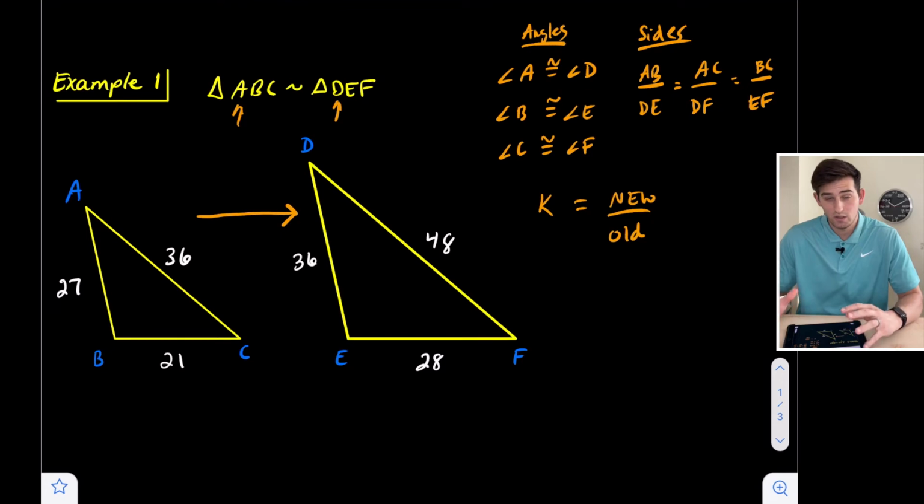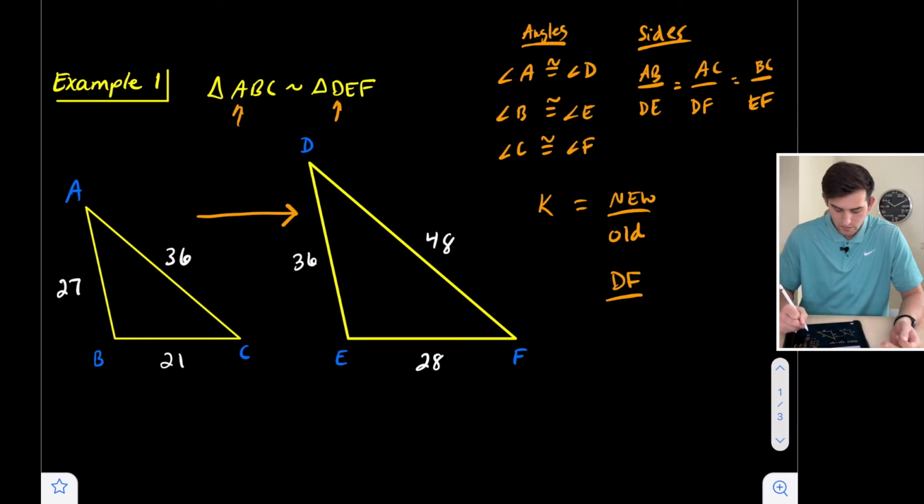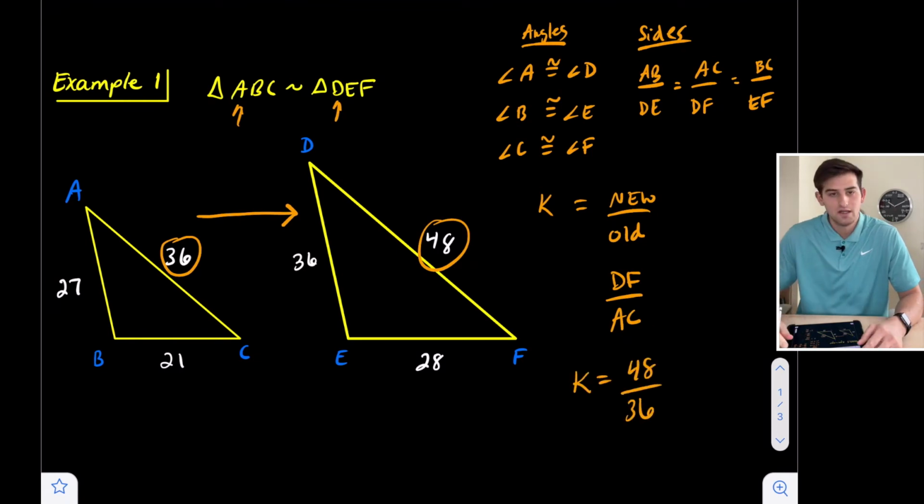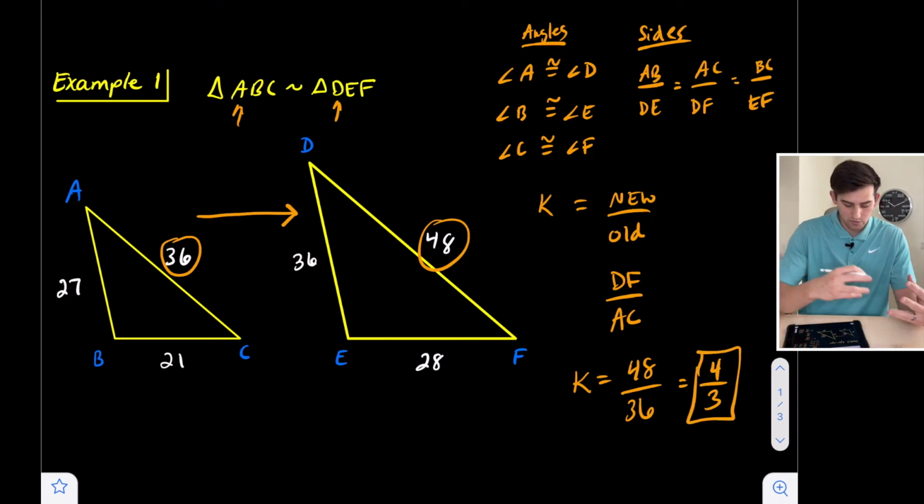So we just take one of the sides, for example side DF, divided by its corresponding side, which is side AC. K is equal to 48 over 36, and we can reduce that. Both numbers are divisible by 12, so this is equal to 4 over 3. So our scale factor, what we multiplied 27, 36, and 21 by, is 4 over 3.